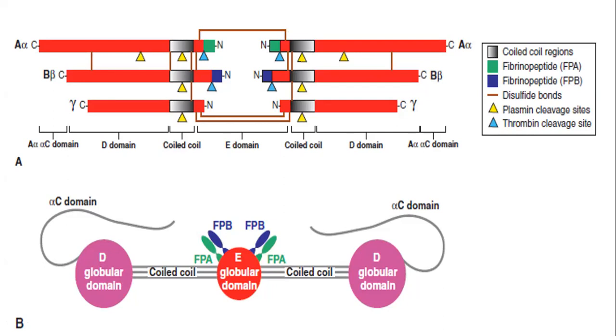That negative charge of your fibrinogen contributes to the solubility of your fibrinogen in the plasma. Because it has many aspartic and glutamic acid residues, which are negatively charged in the circulation, they tend to repel each other. So one molecule of fibrinogen would repel another molecule of fibrinogen because of the similarity in charges. So it would prevent aggregation in the circulation because of electrostatic repulsion.